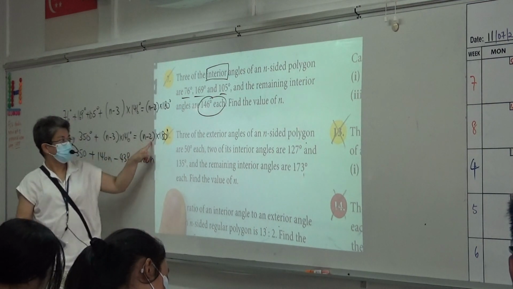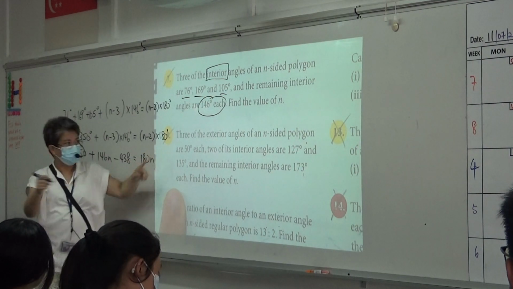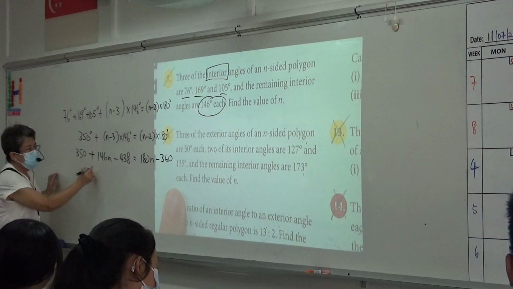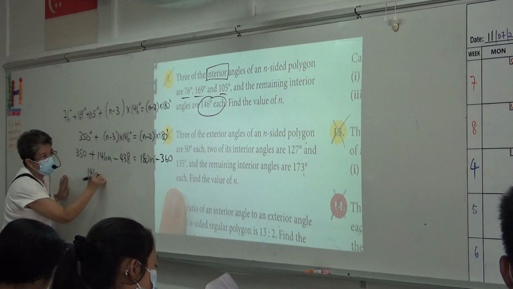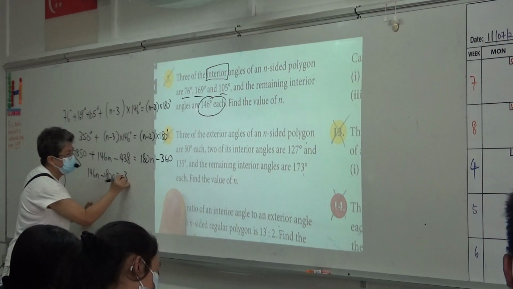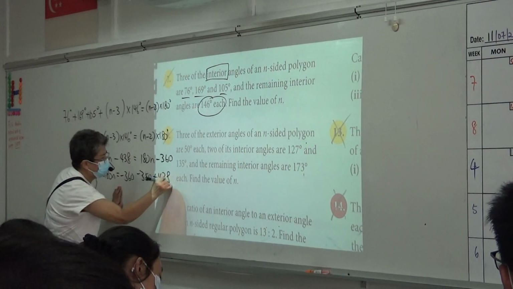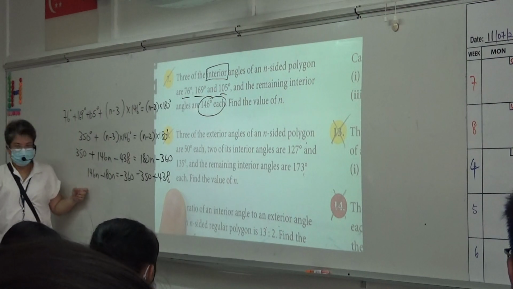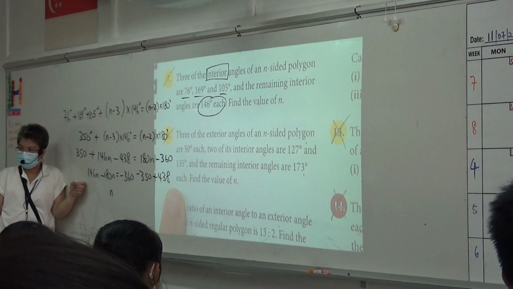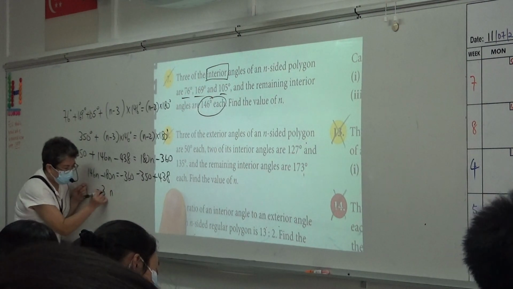180 and 2 times 180 minus 360. Okay? This will be 146n minus 180n minus this minus 360 plus 40. Julius, do this for me. How many n? Negative what? 34.